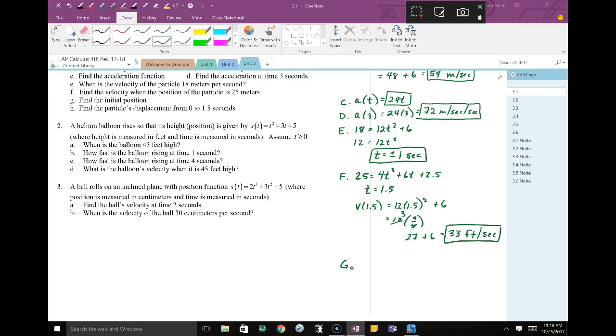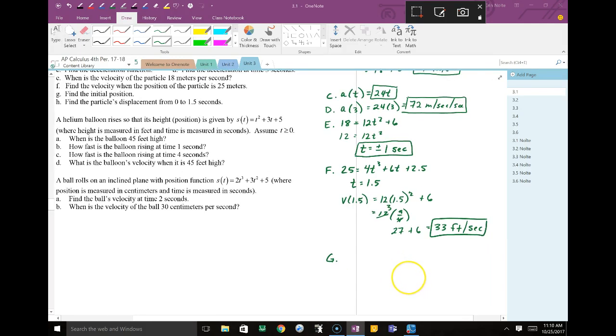Anyway, find the initial position. How do I find initial position? T equals 0 of what? Which one? Initial position.